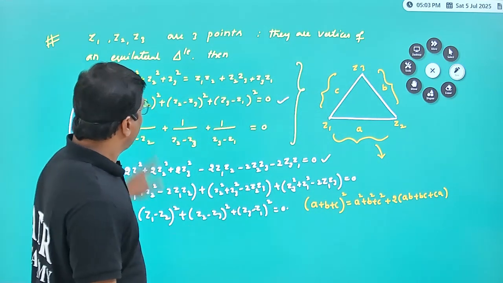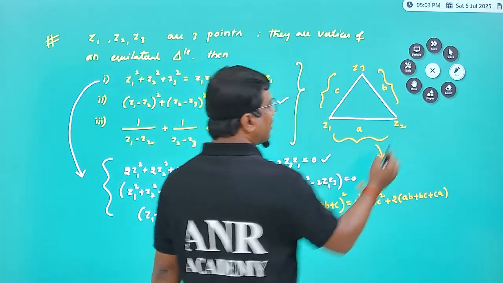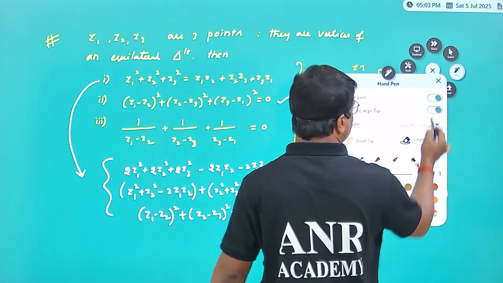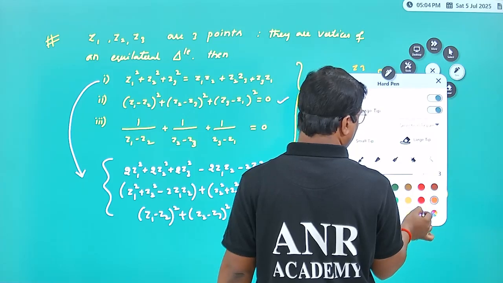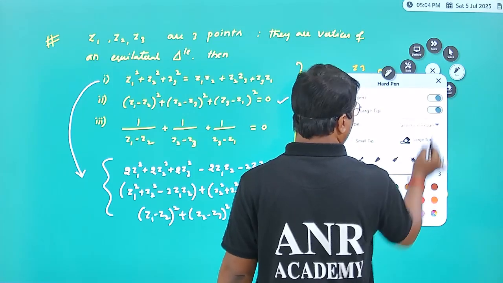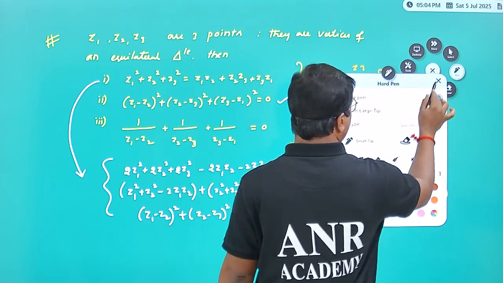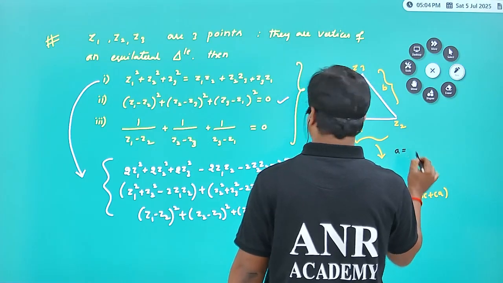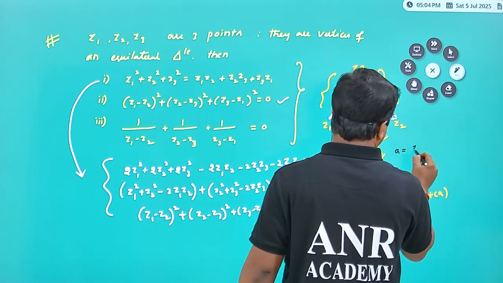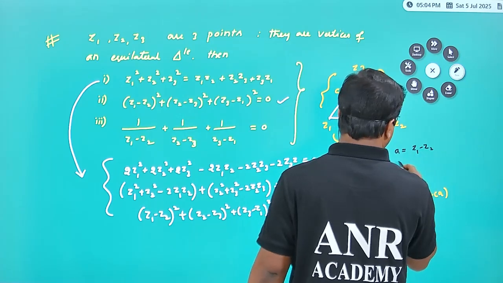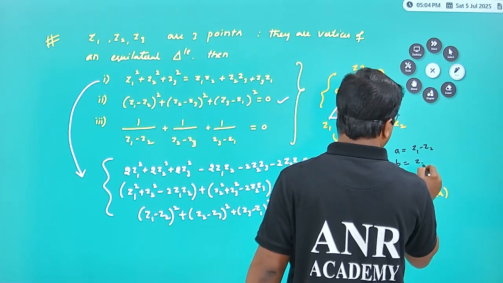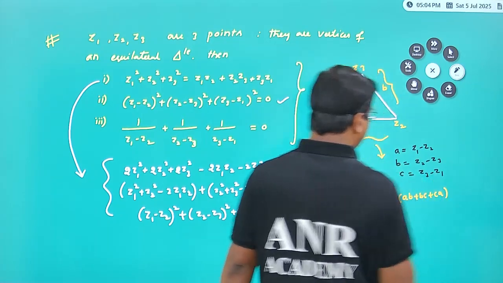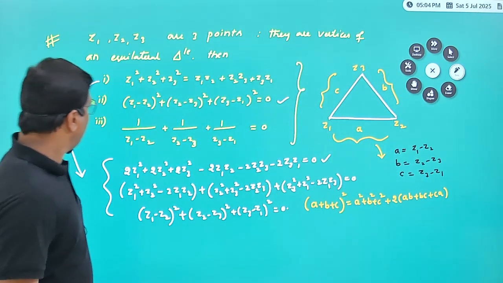Here a is nothing but z2 minus z1 or z1 minus z2. Suppose that small a, which is equal to, I am going to select this one as z1 minus z2, small b z2 minus z3, small c z3 minus z1.